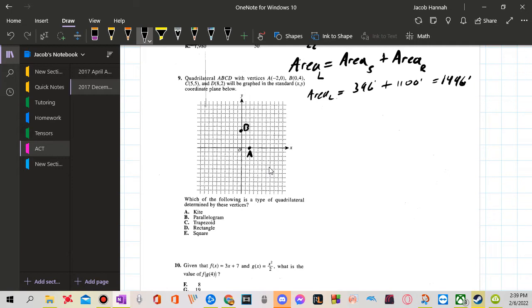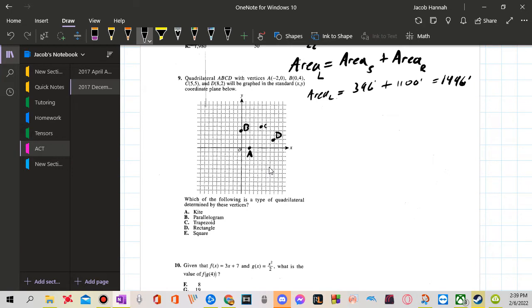C is 5, 5. D is 8, 2. So 1, 2, 3, 4, 5, 6, 7, 8, and 1, 2. That's D. We graphed in standard X and Y.